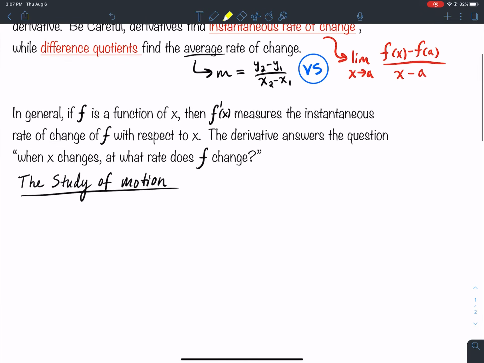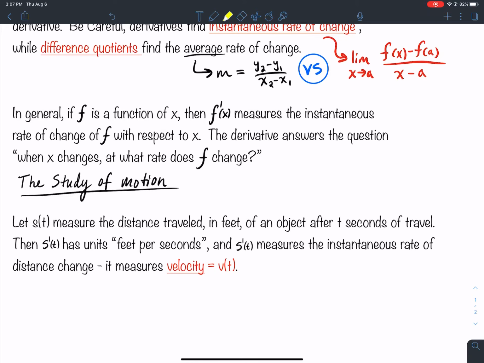The study of motion. I'm going to let s of t measure the distance traveled, how far we've traveled, in feet, of an object after t seconds of travel. Then the derivative, s prime of t, has units of feet per second. Why? Because it's saying how many feet have changed over some given amount of time.